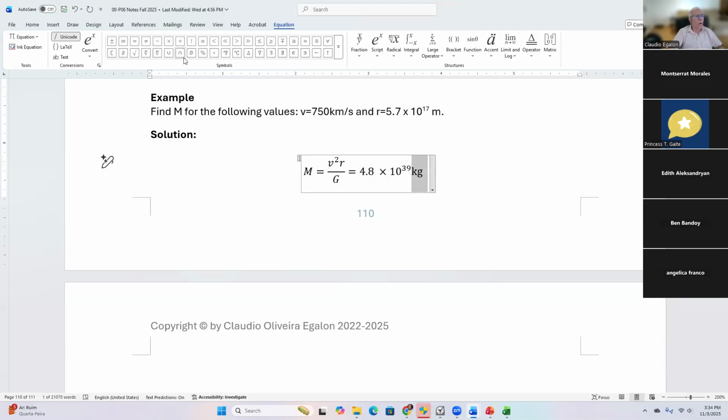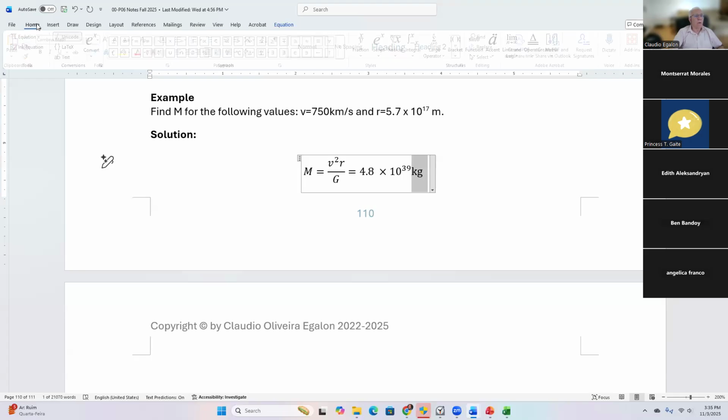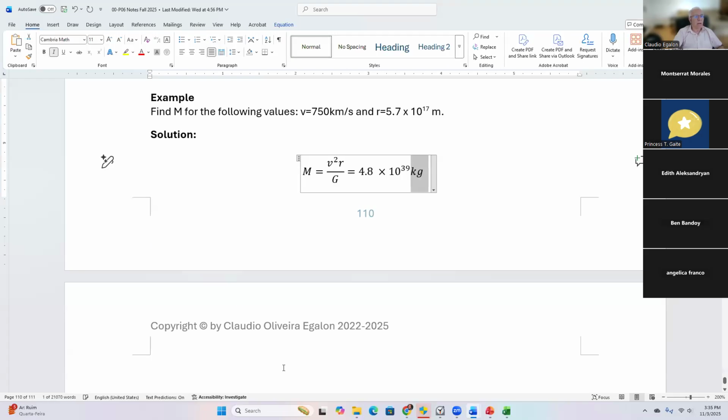You already know what the mass of the Earth is. And then we move to the mass of the sun, right? This guy, I'm going to divide one by the other.